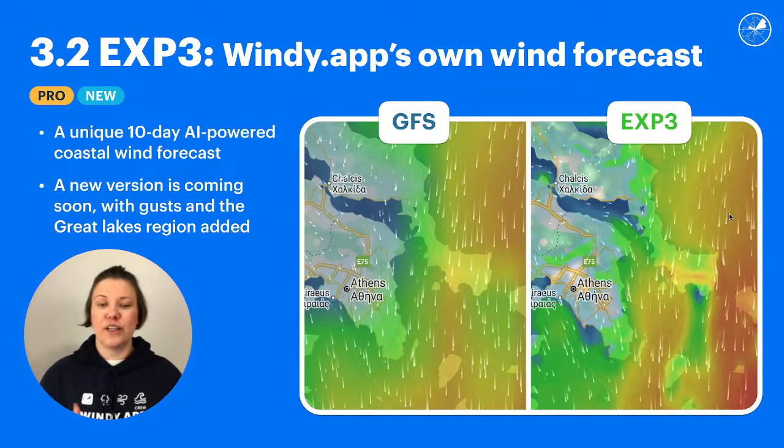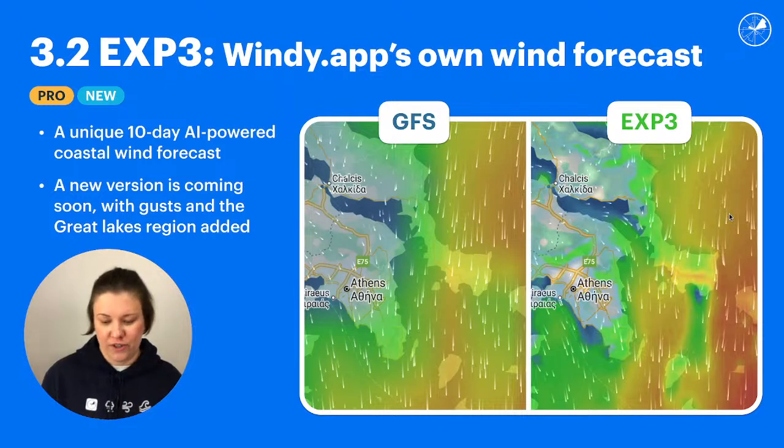Just to show you an example of what a regional model can do that a global model cannot do. If you see the two pictures for the GFS, the global model gives a very smooth picture.